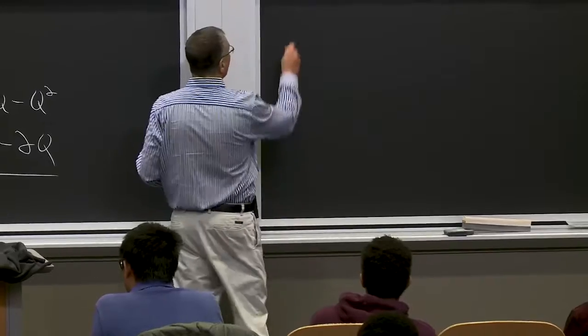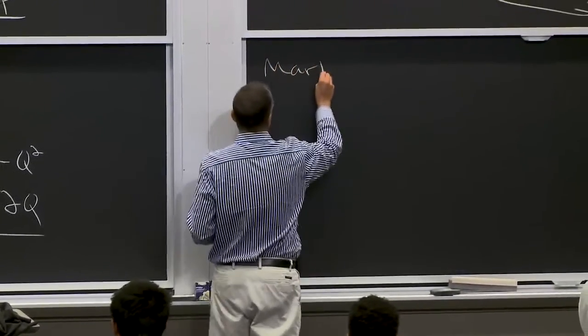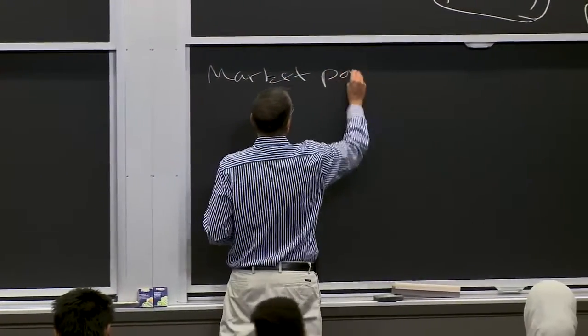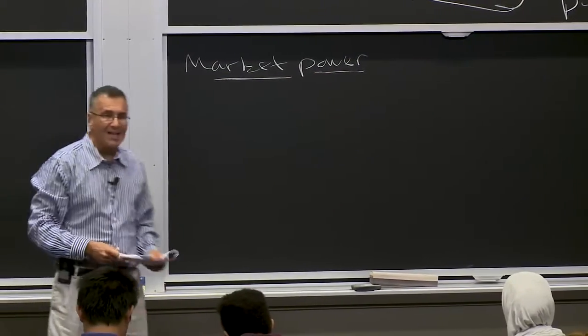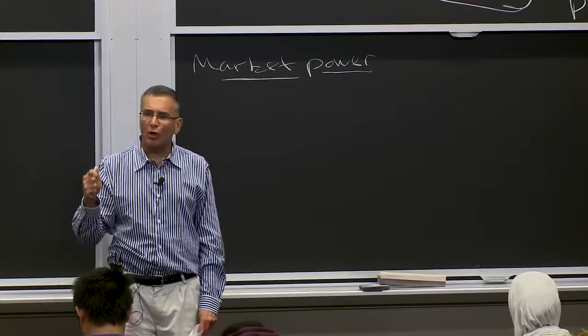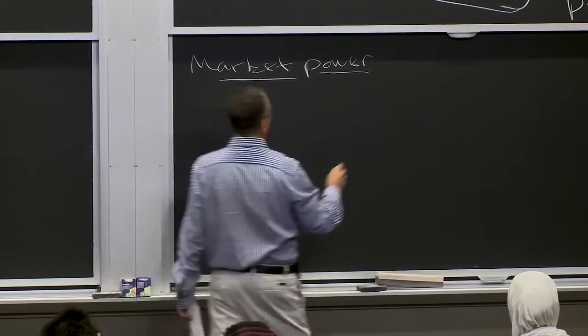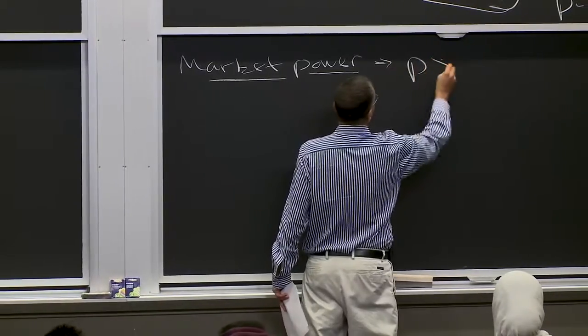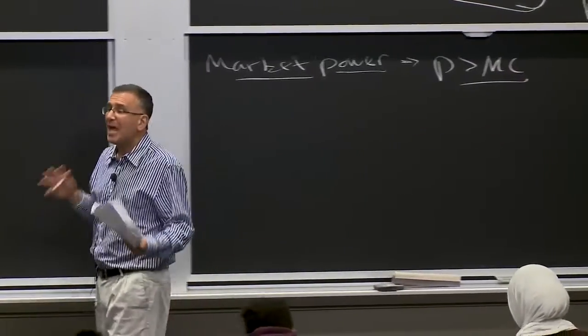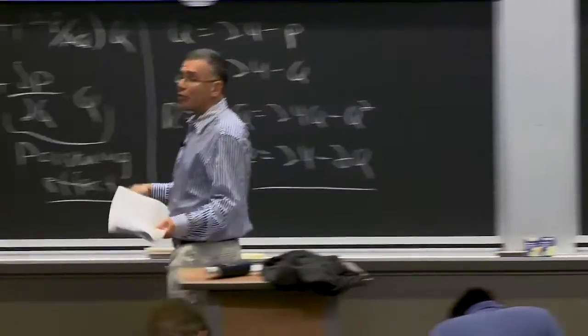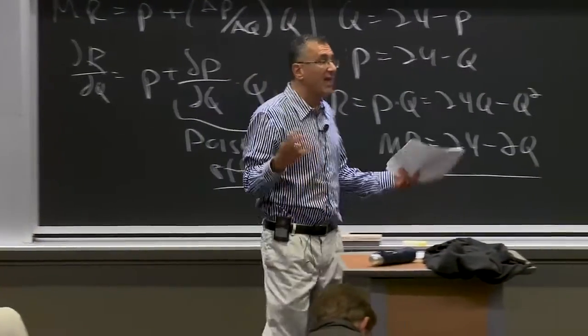To answer this, let's turn to the concept of market power. We will define the market power of monopolists as their ability to charge a price greater than marginal cost. Your ability to charge a price greater than marginal cost is your market power. In other words, competitive firms have no market power. They have to charge a price that's the same as their marginal cost, and that's why they make no money.